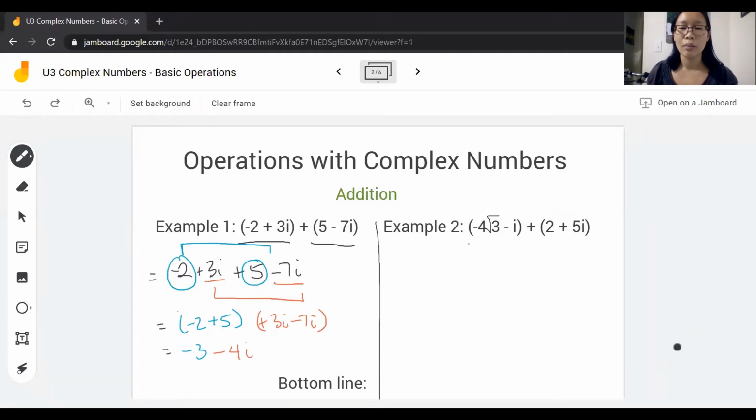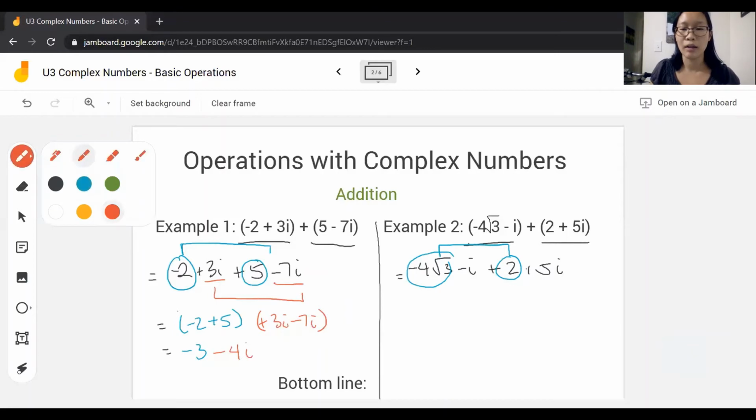In our second example, we have (-4√3 - i) + (2 + 5i). Again, I rewrite this without parentheses, and then I combine my like terms. My real parts are -4√3 and +2, and my imaginary parts are -i and +5i.